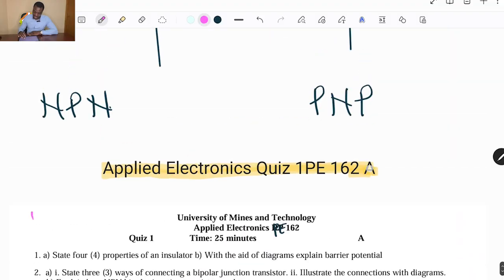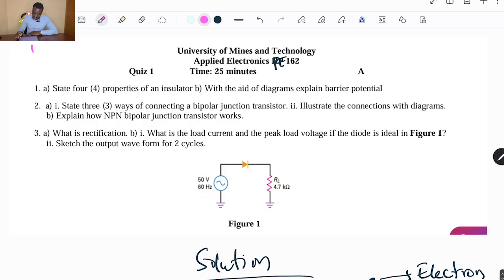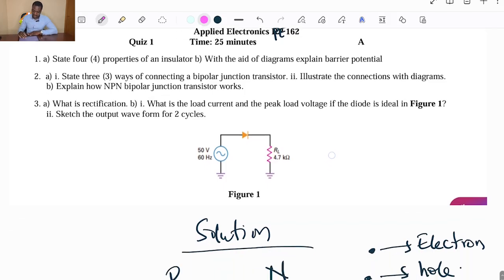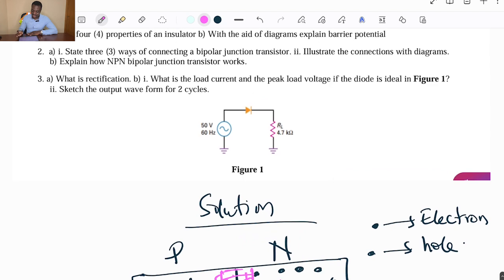Now, the next question is question 2A: state 3 ways of connecting a bipolar junction transistor. Illustrate the connection with diagrams. This question is the same question that was given to refining engineering students, the first group, RP162A.